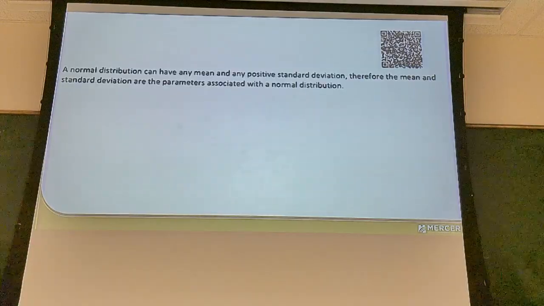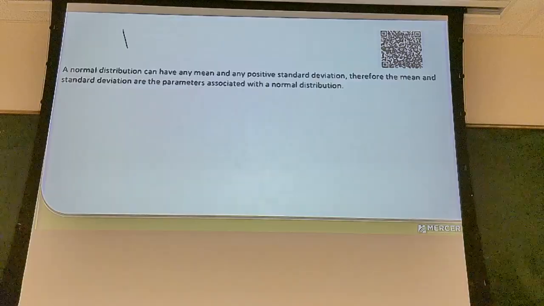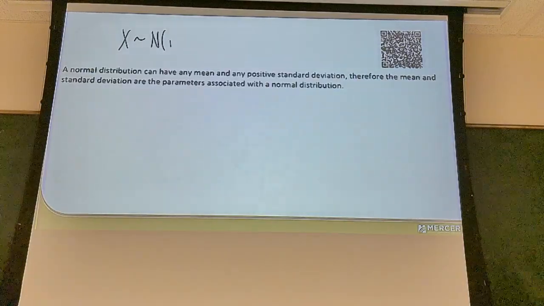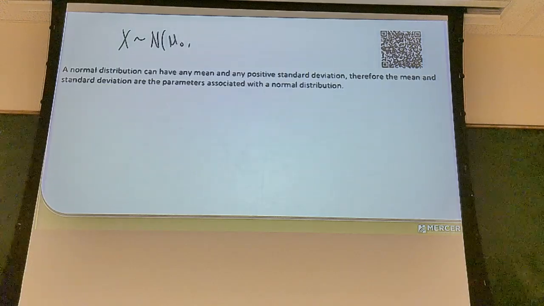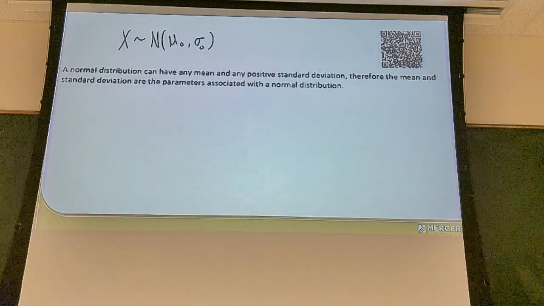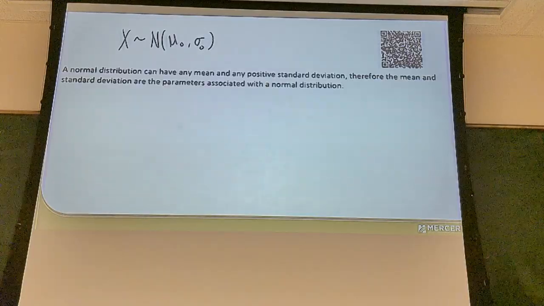So we would typically write that to represent that a random variable is normally distributed with a mean of mu naught and a standard deviation of sigma naught.